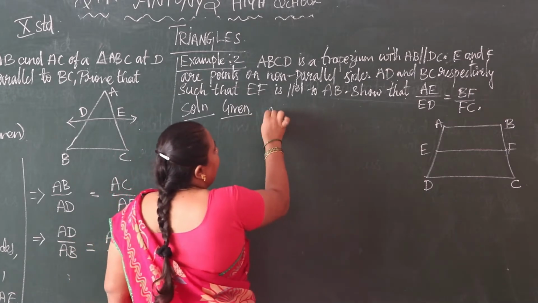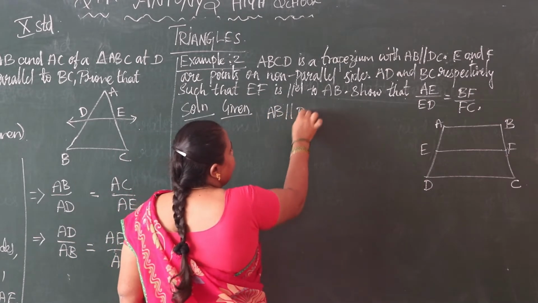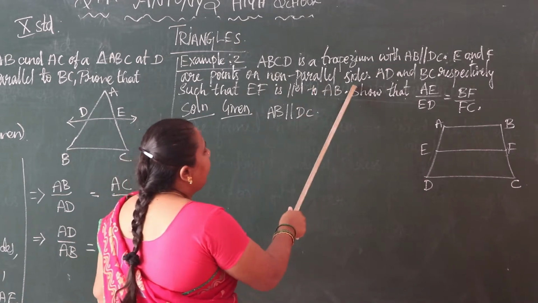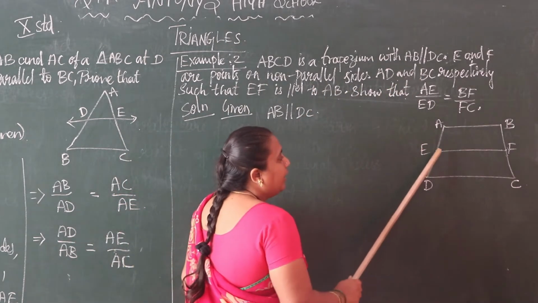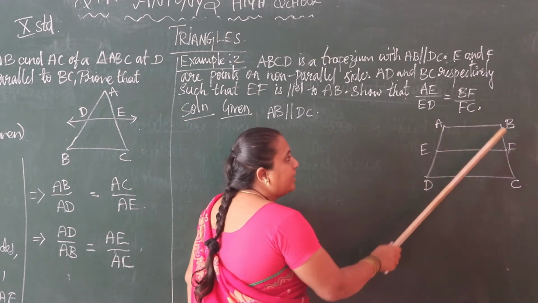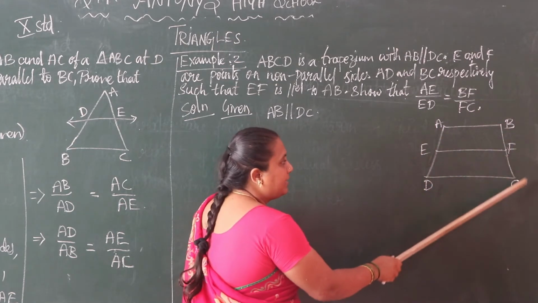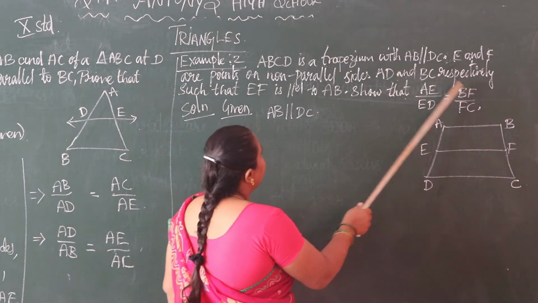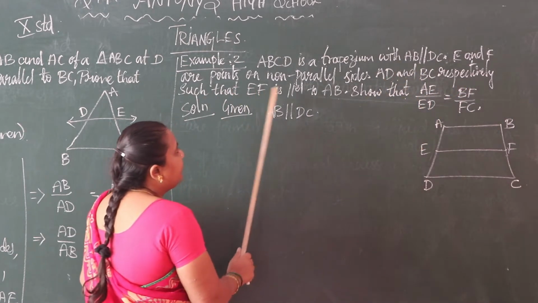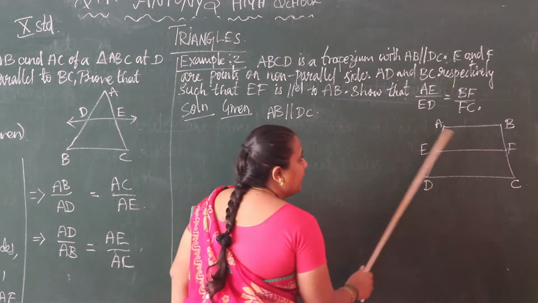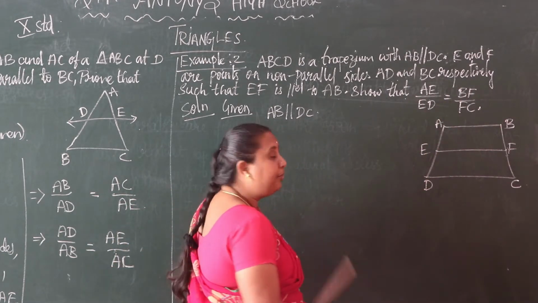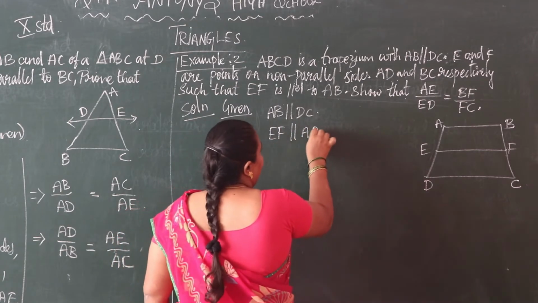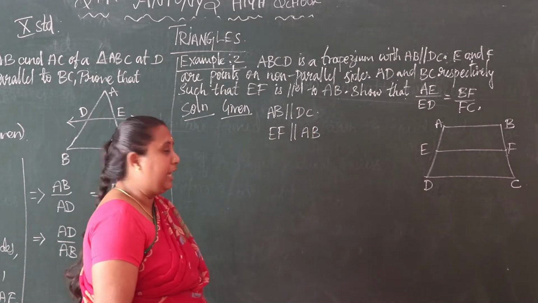Then E and F are points on the non-parallel sides AD and BC respectively, such that EF is parallel to AB. So EF is parallel to AB.